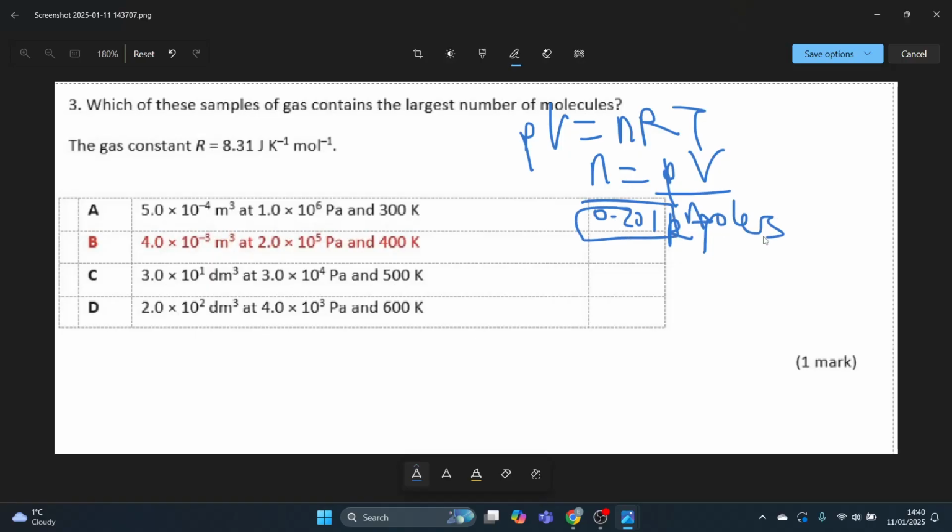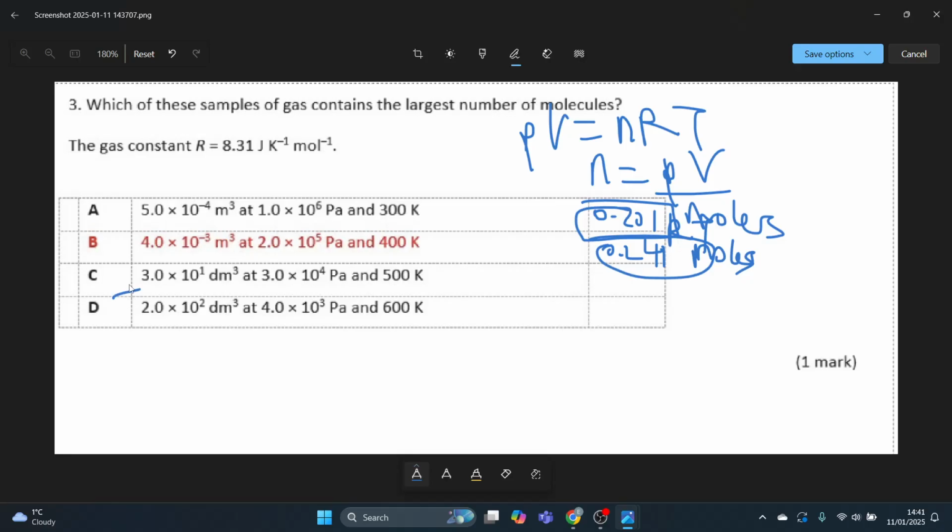For the second one, 4.0 times by 10 to the power minus 3 times by pressure 2.0 times by 10 to the power 5, it's already in pascals, divided by 8.31 times by temperature 400. There we go, 0.241 moles.